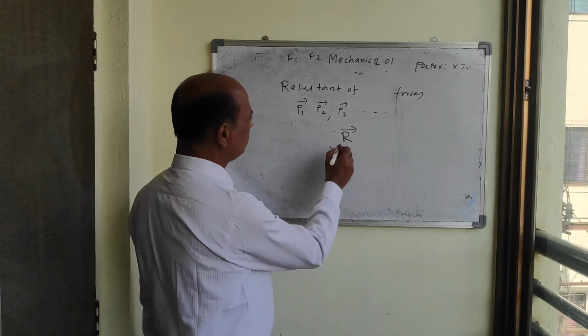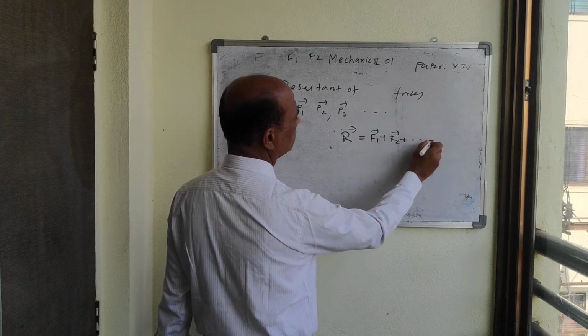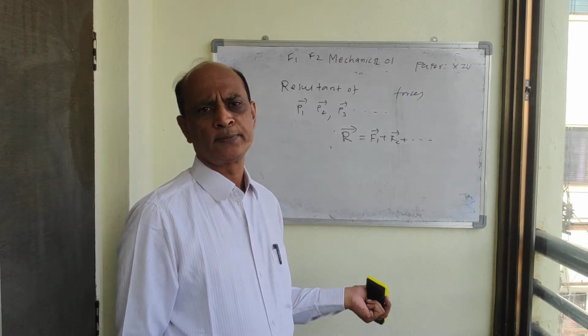Therefore in this case we say that R bar is equal to F1 bar plus F2 bar plus so on. And this is the resultant of these forces.